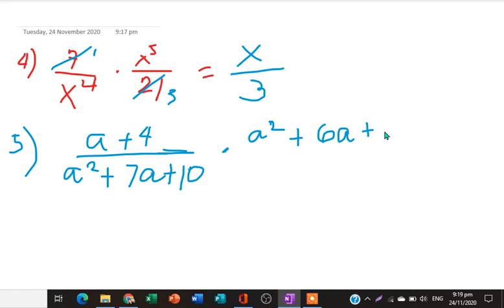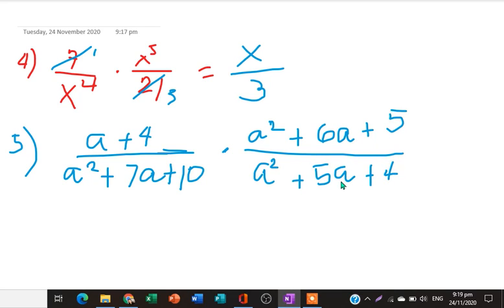So, we're going to use factoring, trinomial factoring. So, we have a squared plus 5a plus 4.